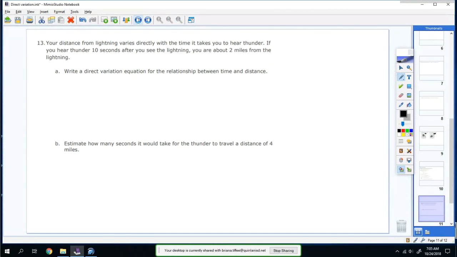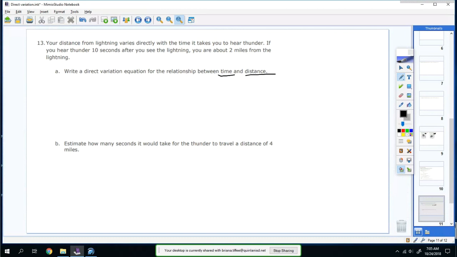Your distance from lightning varies directly with the time it takes you to hear thunder. If you hear thunder 10 seconds after you see lightning, you're about 2 miles from the lightning. Write a direct variation equation for the relationship between time and distance. Generally, I don't like doing it that way.